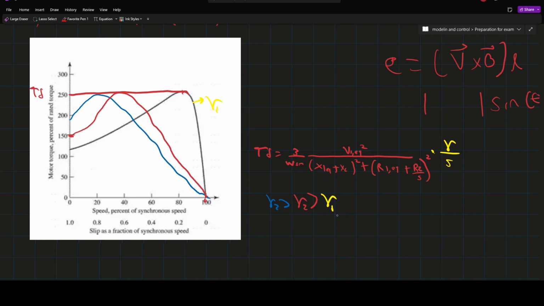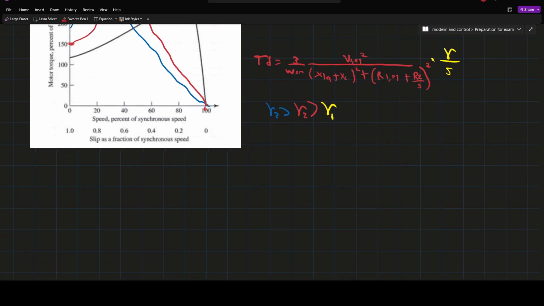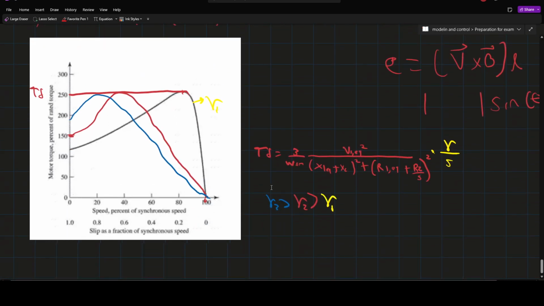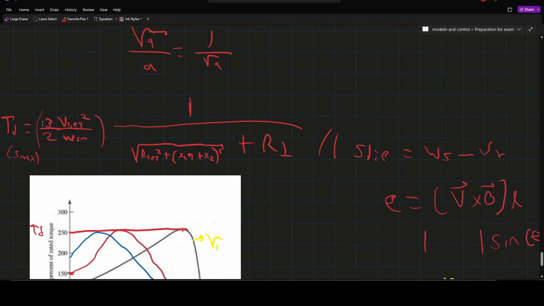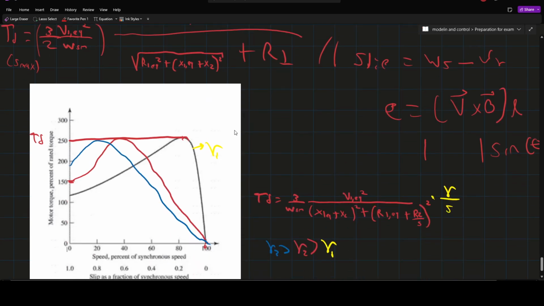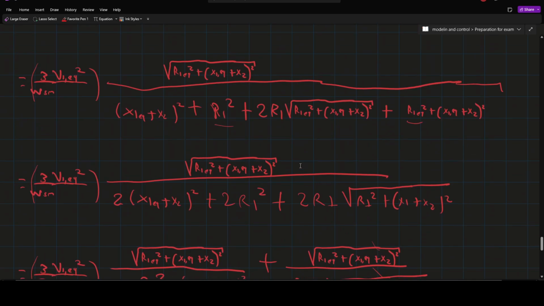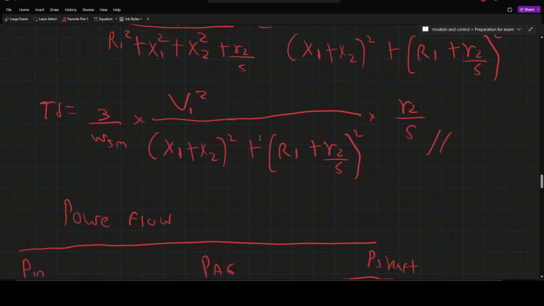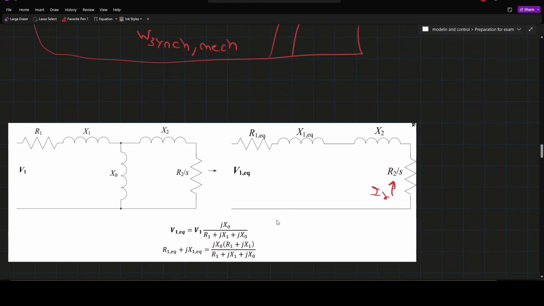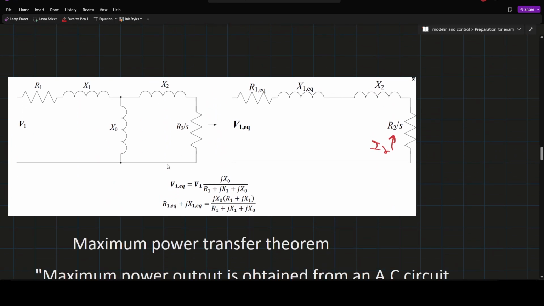So it's not practical, but this is how we can calculate the maximum torque for our squirrel cage machine using our Thevenin equivalent of our steady state model. Hope this helps.